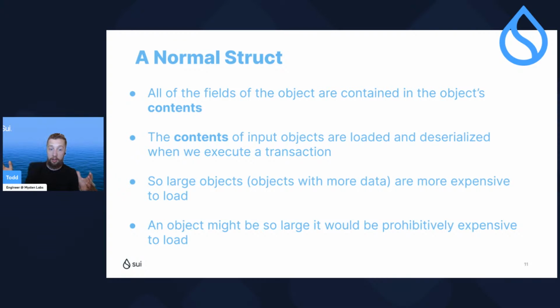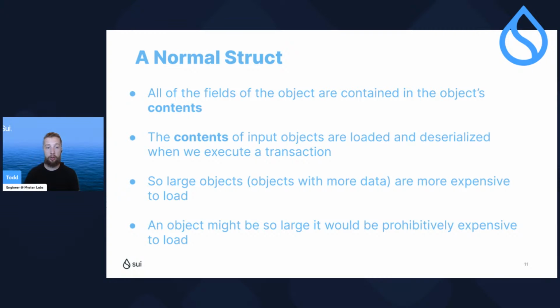So if your object is growing very large, the larger it is, the more we're going to charge you for reading those bytes. It might get to the point where the object's so large that paying that much becomes prohibitive for your use case, or we actually have a hard cap on the number of bytes and you'll get stopped there.